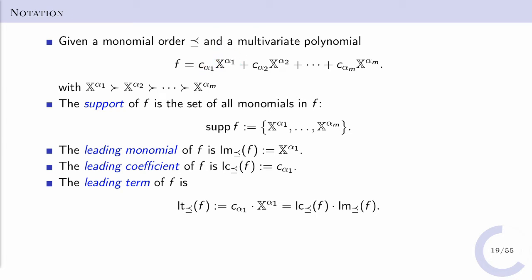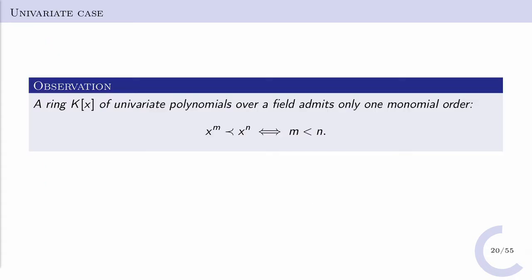One may wonder why we haven't talked about monomial orders when we were dealing with univariate polynomials. The reason is that for univariate polynomials, we have just one monomial order. The only monomial order for univariate polynomials is just the order of exponents.